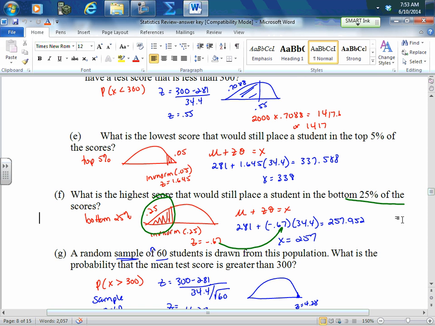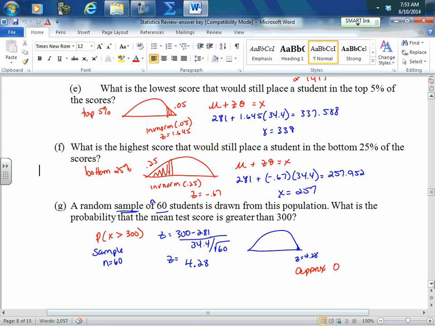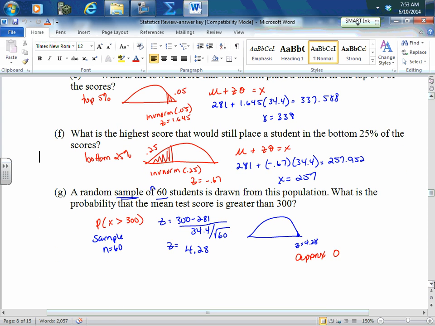Now the next one, we can tell the difference between the population and the sample because now it says in a random sample of 60 students. This is my n. What is the probability that the mean score will be greater than 300? I'm still looking greater than 300, in a sample this time.